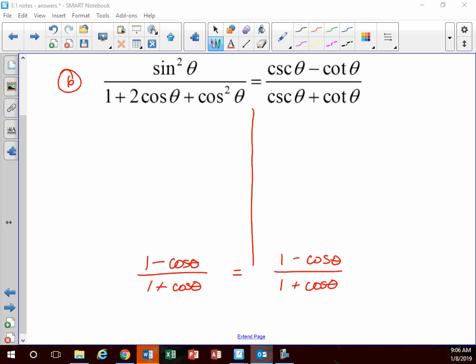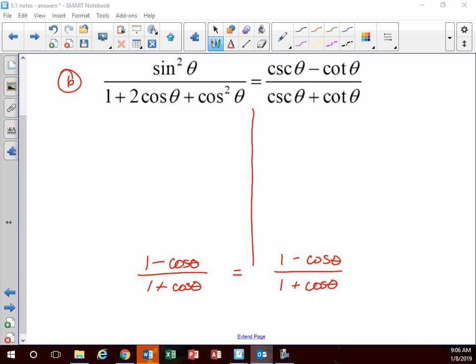Keep talking to each other, guys. I promise I will be very close. On the right side? 1 over sine minus cosine. I'm getting something. So it's just 1 minus cosine.